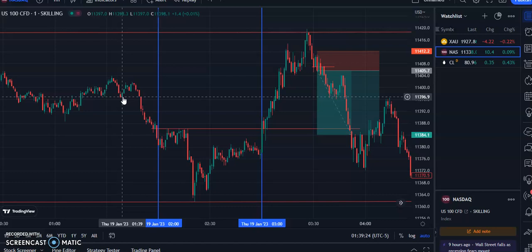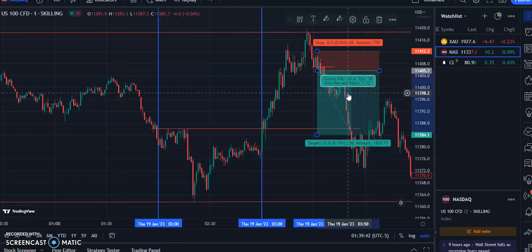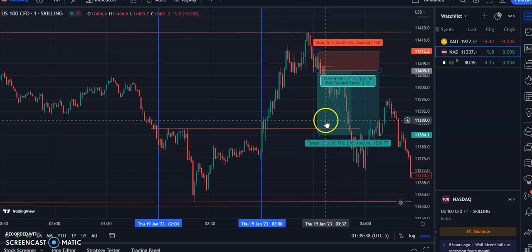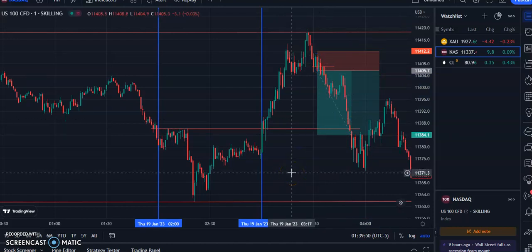That means you might use a 0.7, 0.6 lot size, but the risk is still the same. That is what you must understand. And yeah, so for instance, if this market, because you see this is a 65 pip stop loss, and for a risk reward ratio of 200 pips, it's still a good trade.